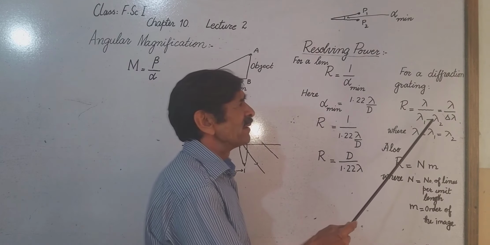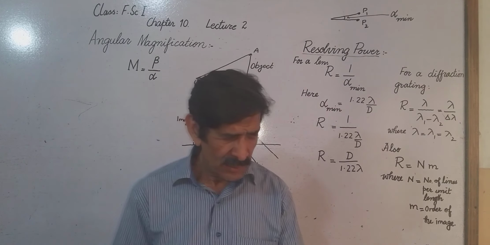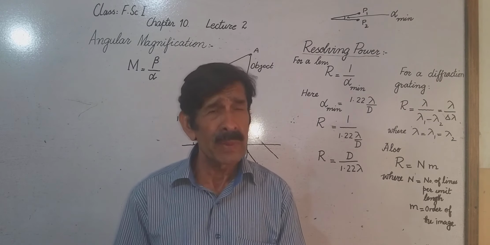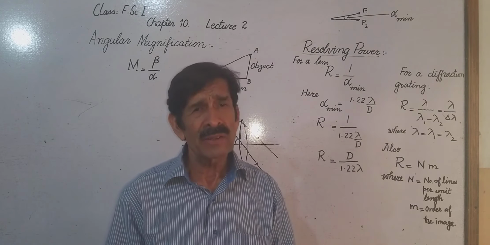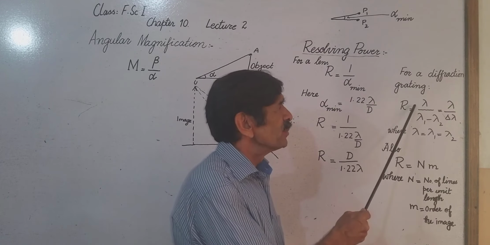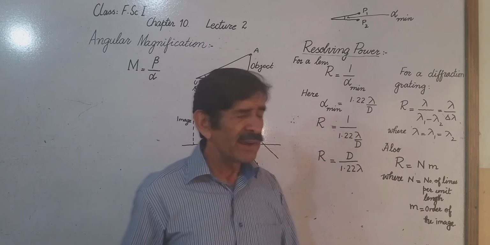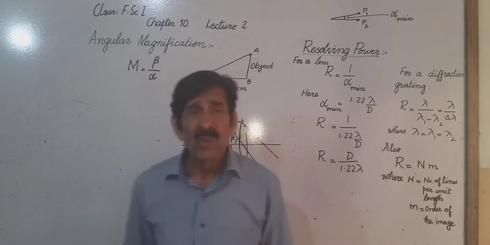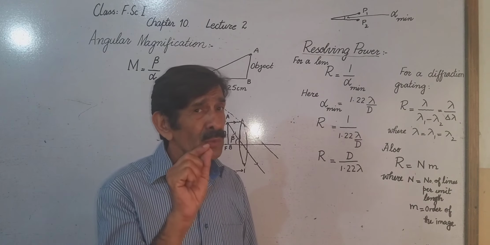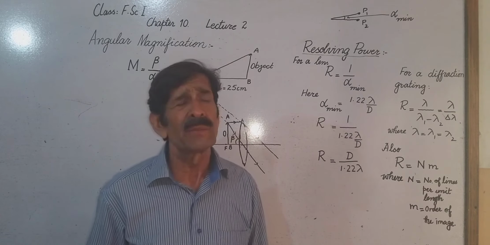Lambda 1 and lambda 2 are the wavelengths of light used for the grating, especially in a spectrometer. In a spectrometer, we use sodium light, and there are two wavelengths very close to each other, nearly equal, emitted from the sodium lamp.